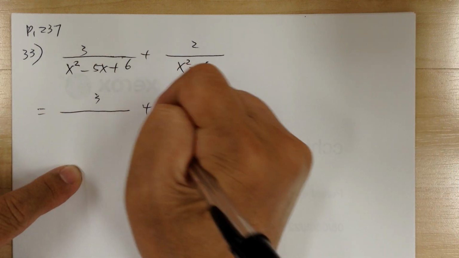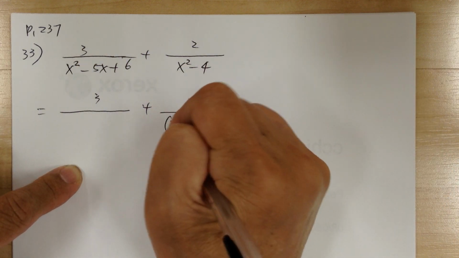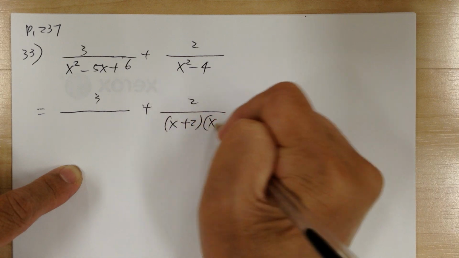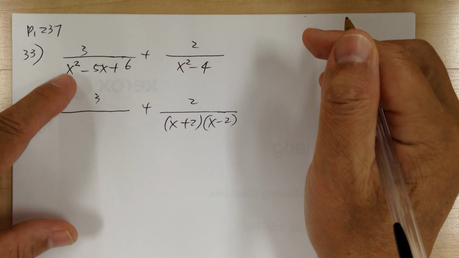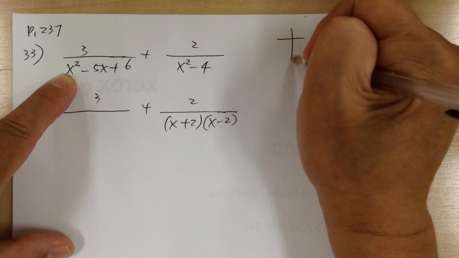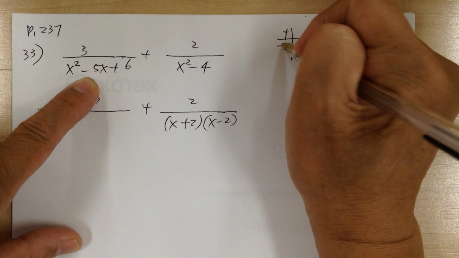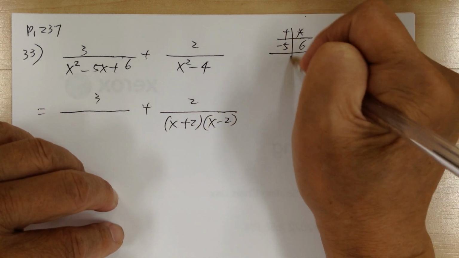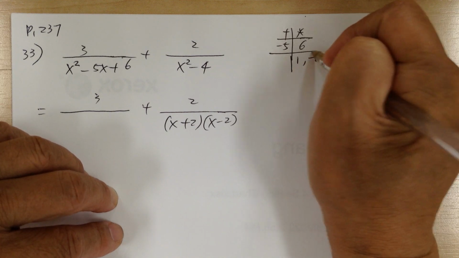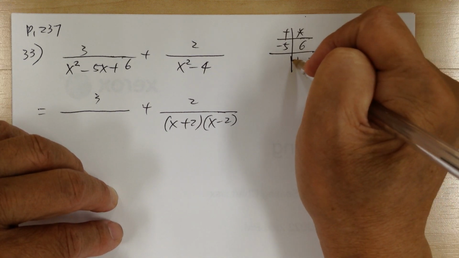This one is kind of easy: x squared minus 4 is (x plus 2)(x minus 2). That's step 2a. Now for this one, you go through the master product step 4. You have to add to get negative 5 and multiply to get 6.